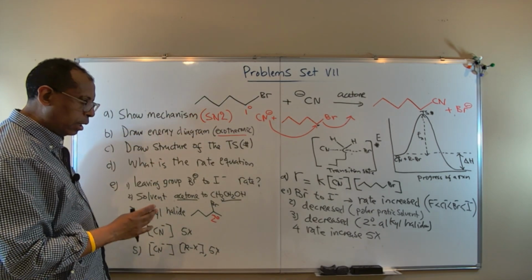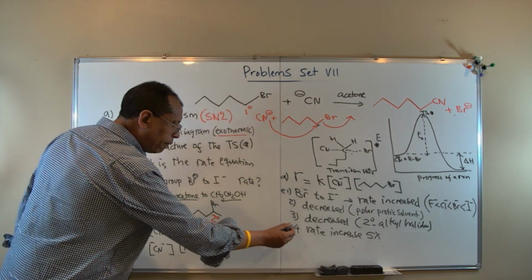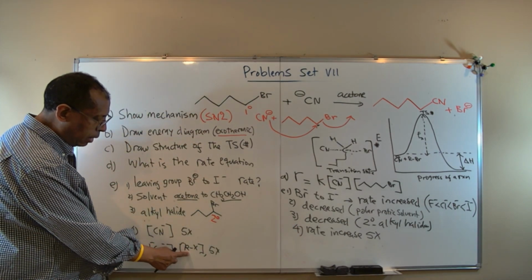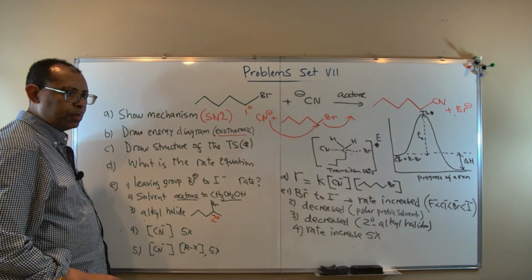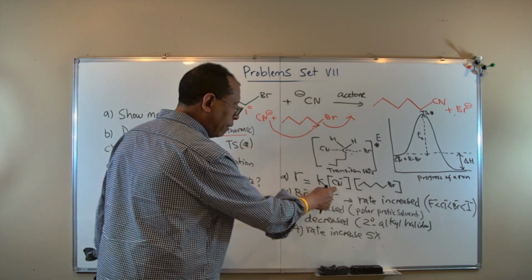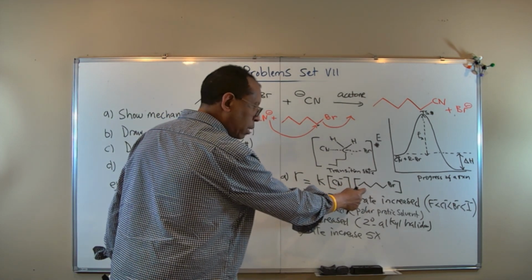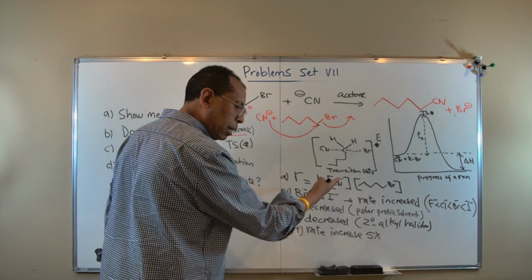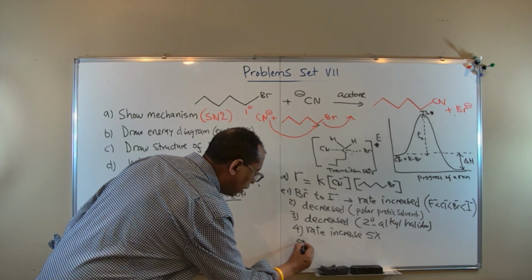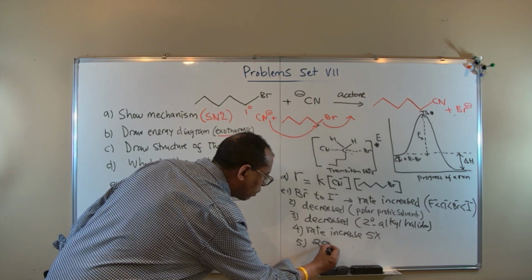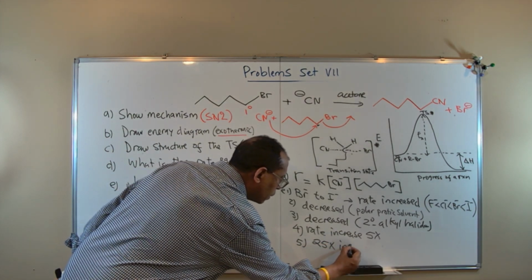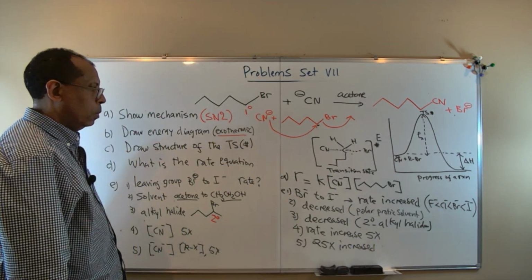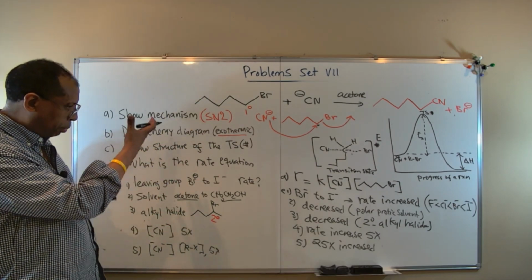It is an SN2. Number 5, how about if you increase the cyano by 5 times and the alkyl halide by 5 times? So it's 5 times here, 5 times there. Both are important in the rate law because it's an SN2 reaction. The rate becomes 25 times increased. So we solved the whole problem.